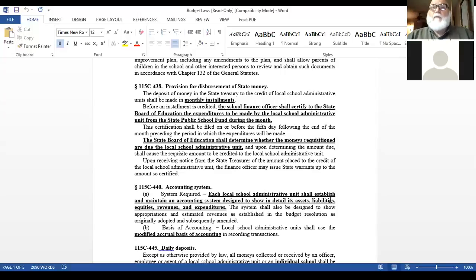So if you've got 1,000 kids in your school and your average daily membership is 95%, or you average 950 kids a day, that's how many the state funds. They don't give you the money for the kids on the roll. They only give you the money for the kids who are in attendance. So that's why it's important to get your attendance in every day and for it to be accurate.